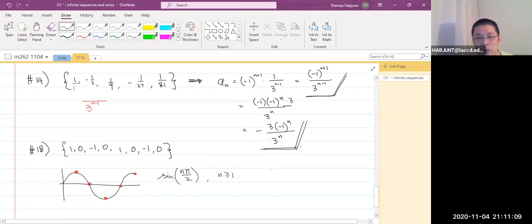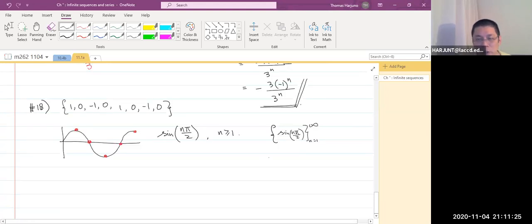Now, that sequence is usually written this way. Sine of n pi over 2, n equals 1 to infinity. There is a convention that you can just write it this way if it is clear that the counter is n.